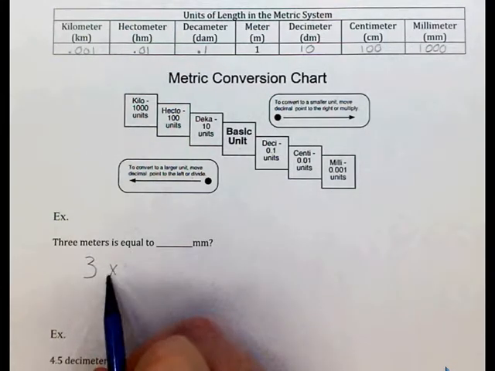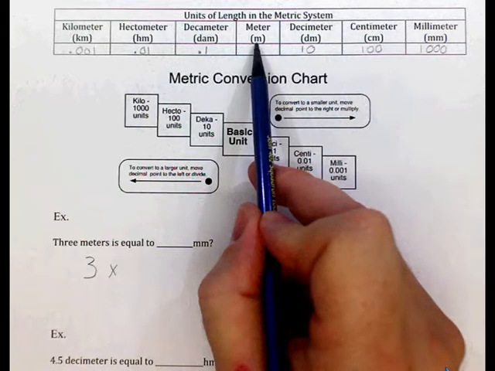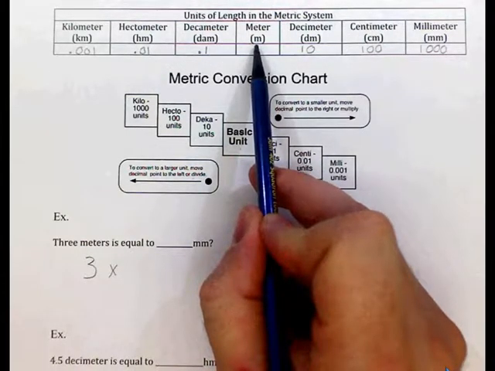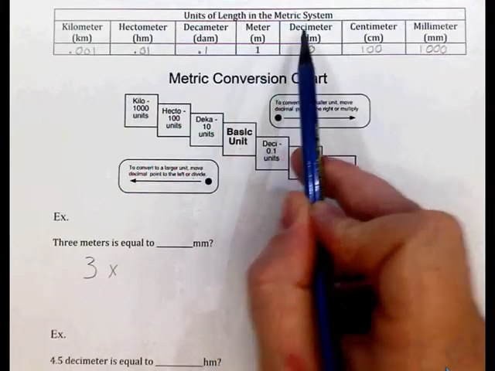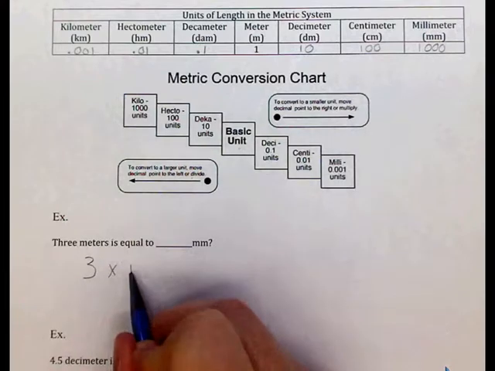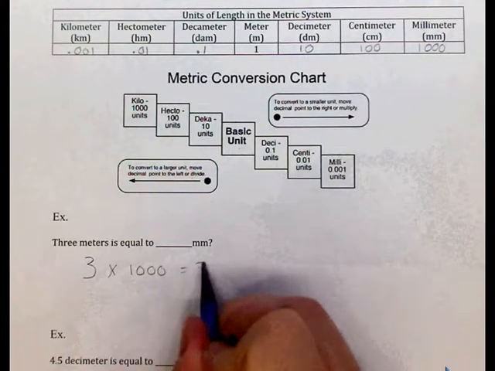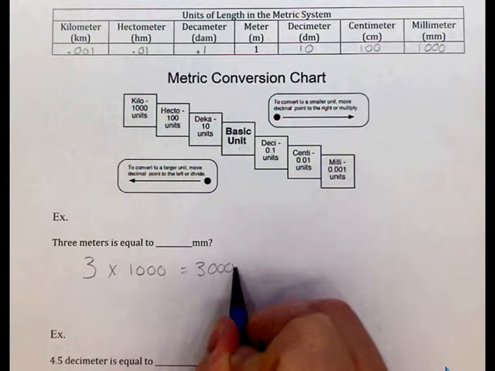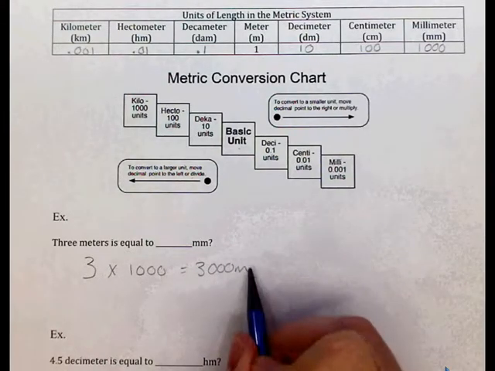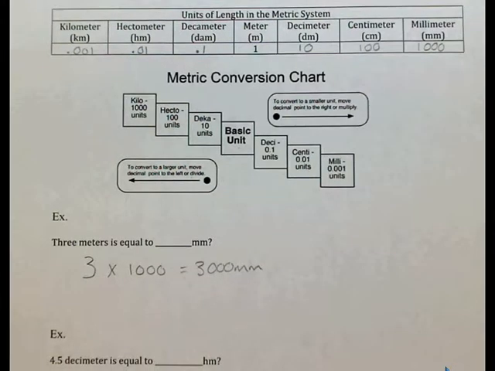The question is, by a factor of what? Every move we make on our chart is a multiple of 10. So we'll be multiplying by 10, 100, 1,000. So 3 times 1,000 is 3,000 millimeters in 3 meters.